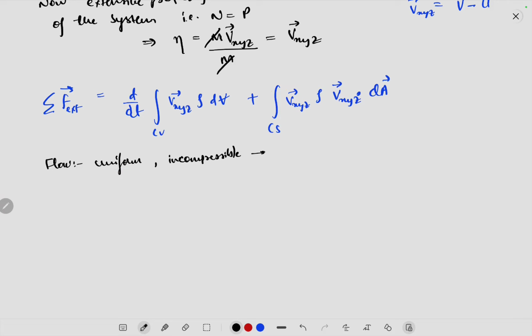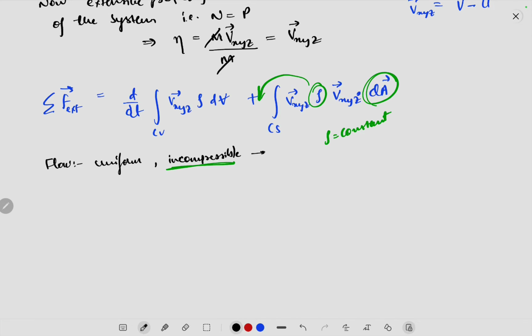Alright, and now let's say the flow given to me is incompressible, then what would happen? If it is incompressible, I can take rho outside of this integral, because rho is constant and thus it would not depend upon the dA that I choose.